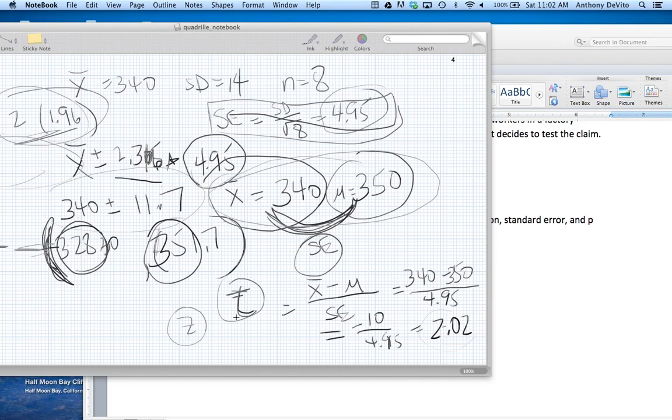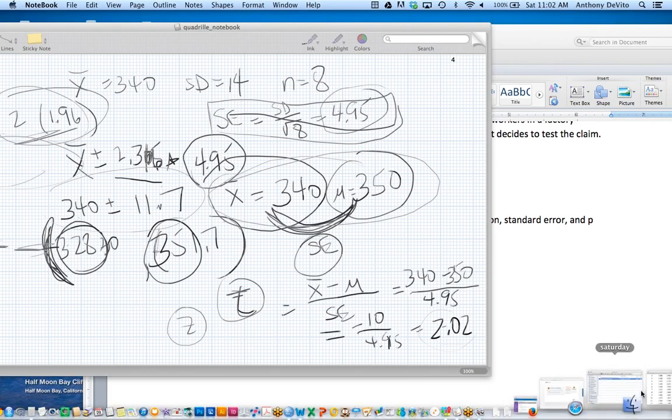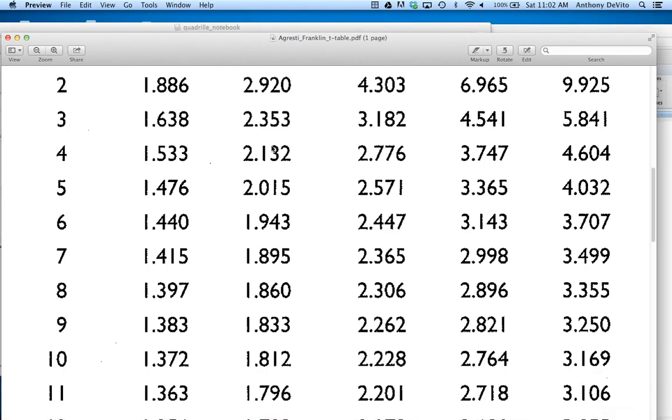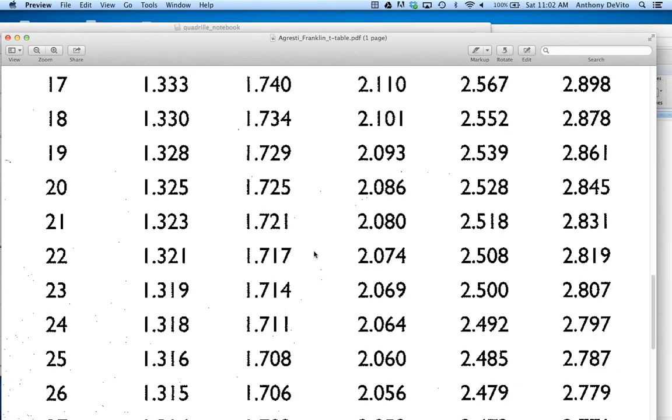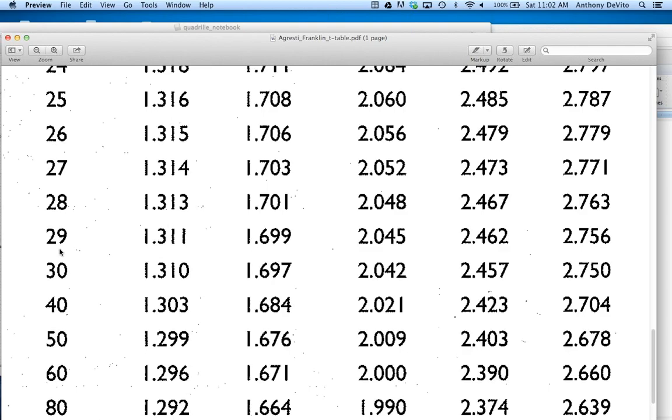Now, the t-score isn't the same for all problems. The t-score depends on the sample size. So I'm going to pull up that t-table again. And for a relatively big sample size like 29, we have to exceed the number 2.